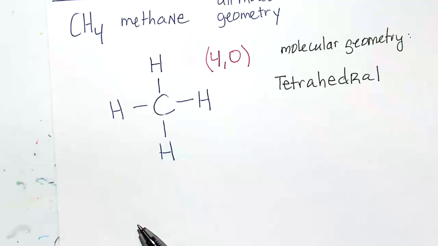My chest is flat. This is going up at 109.5. This is going at 109.5 towards you. This is going 109.5 back away from you. This one we're going to draw with what is called a dash.